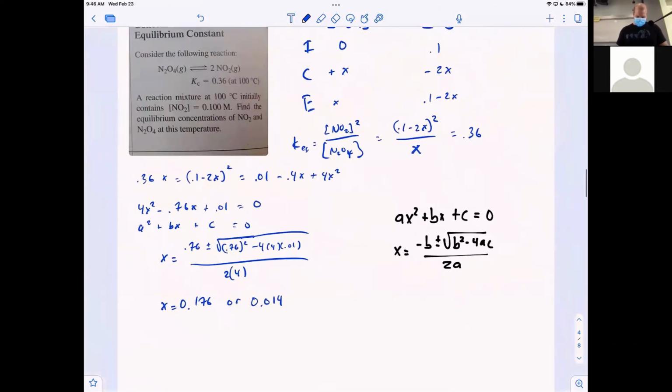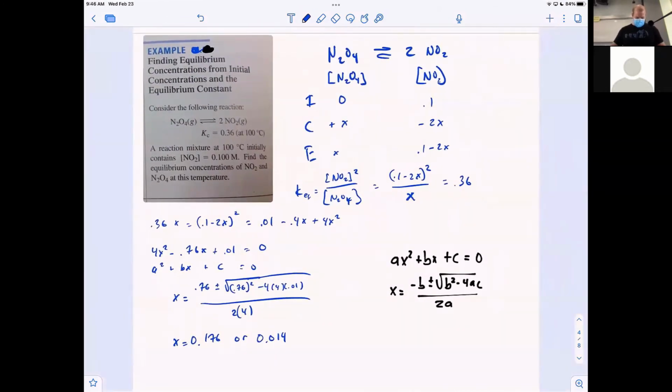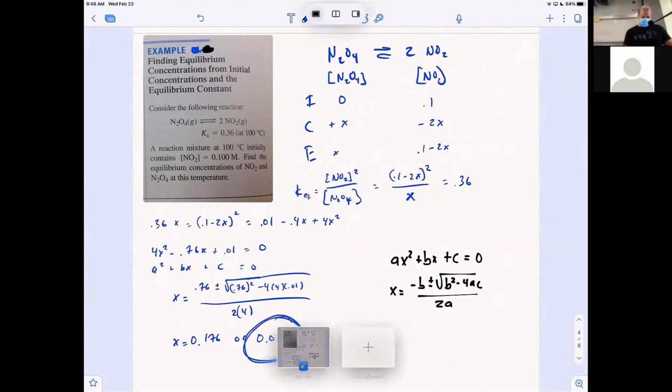Now you have to look at the answers and figure out which one is real and which one is not, looking for a physical impossibility. The equilibrium value of NO2 is 0.1 minus 2x.